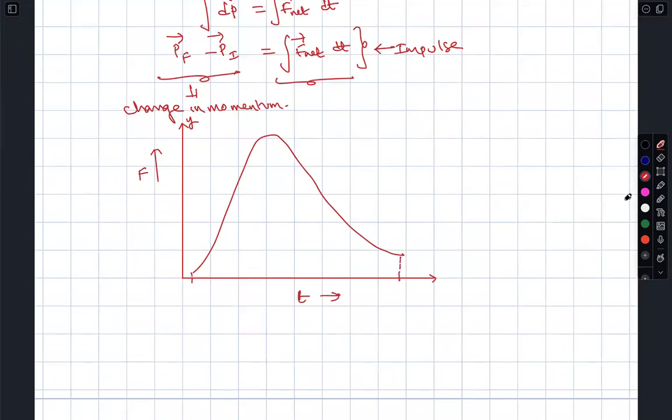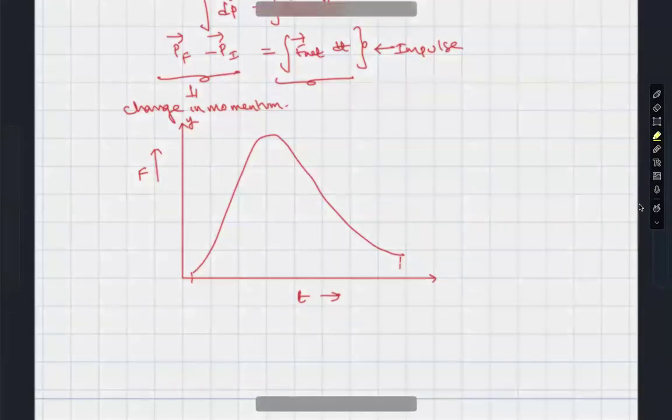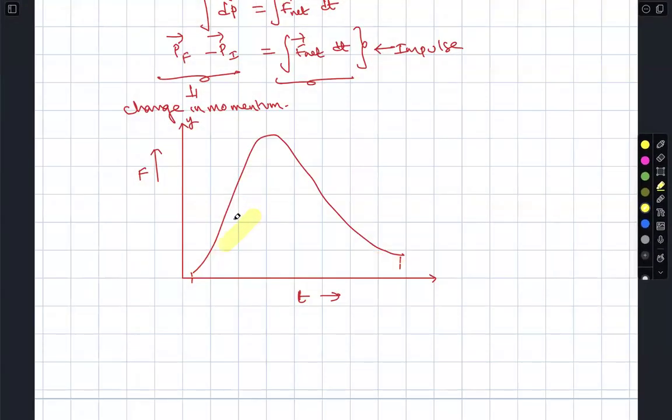Now, in this, the entire area here is defined as F dt.